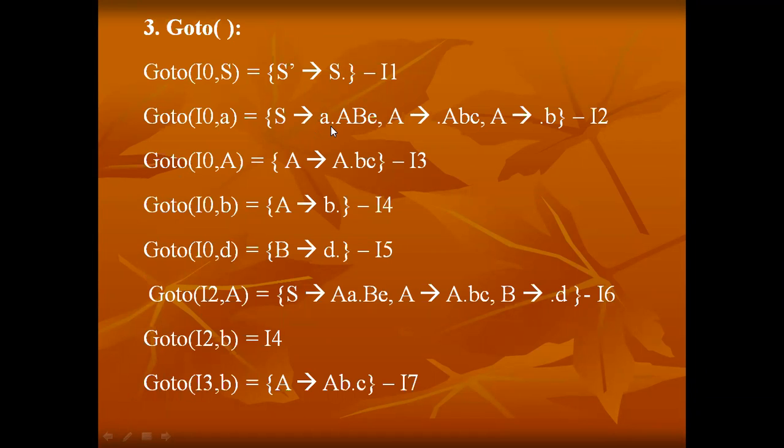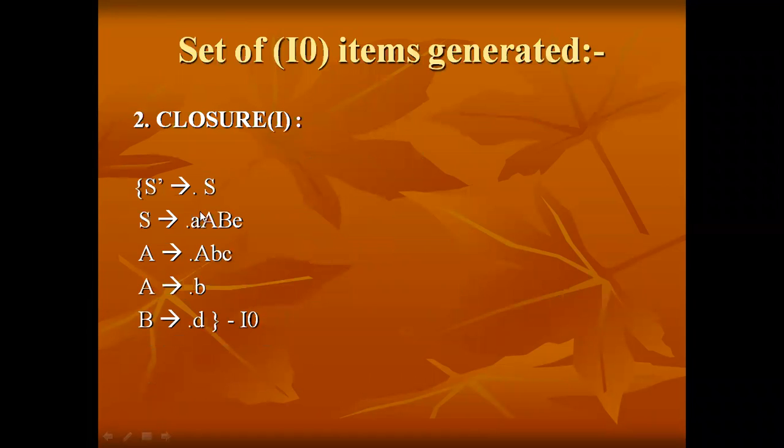And here after the dot, what we are having, A is a variable. If you have productions like this after processing, then you need to write whatever rules we have under the A from the I naught. These two are again from the I naught; we are not processing the dot, we are taking them as they are, dot a b c and dot b.